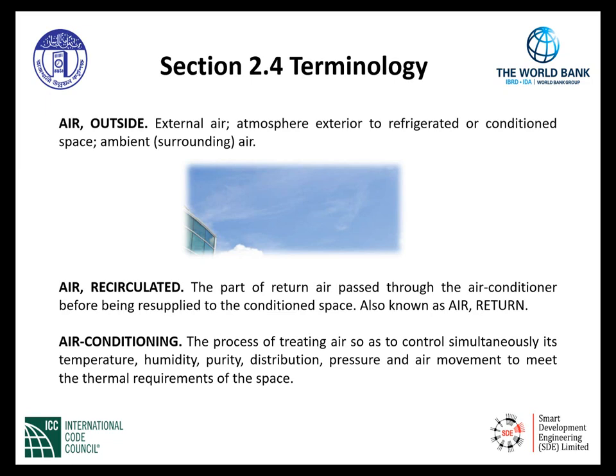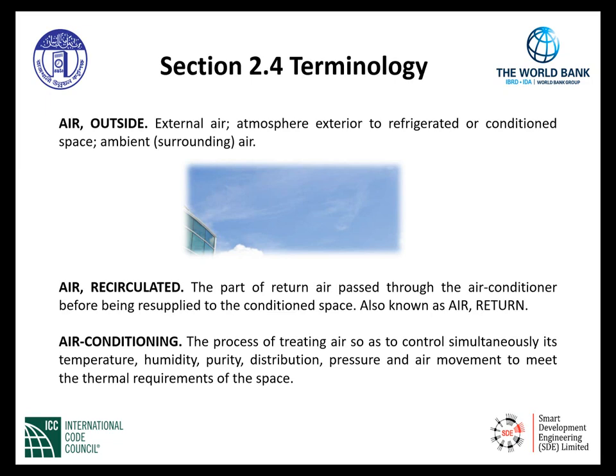Air conditioning is defined as the process of treating air so as to control simultaneously its temperature, humidity, purity, distribution, pressure, and air movement to meet the thermal requirements of the space. As you can see, this definition is very complete with respect to the criteria that goes into designing the air conditioning for a space.